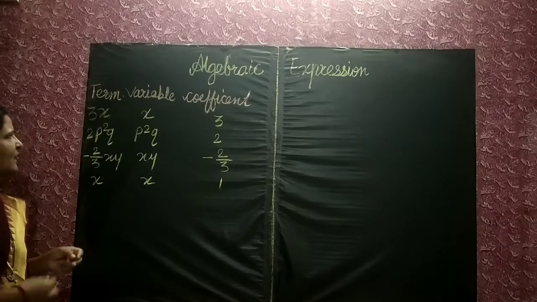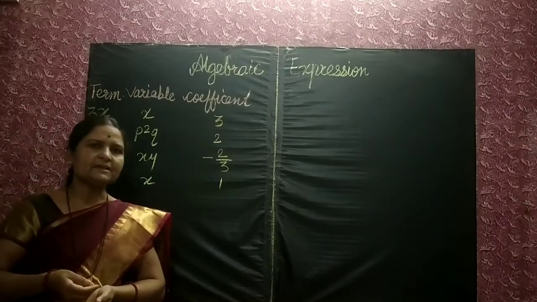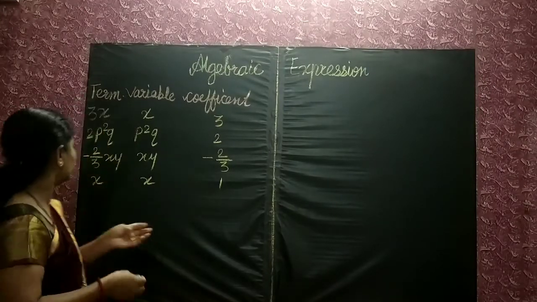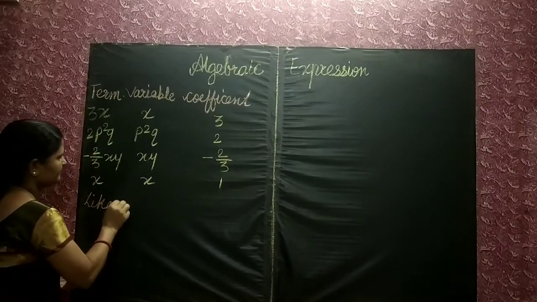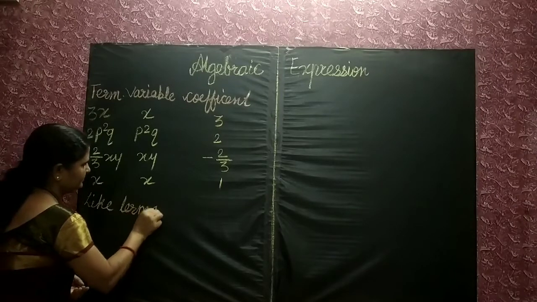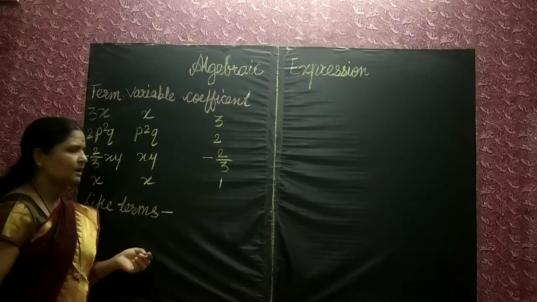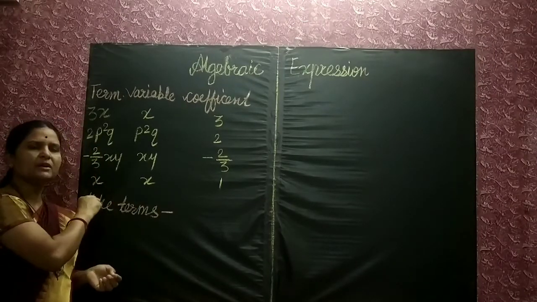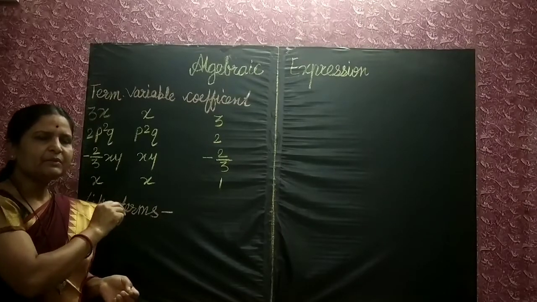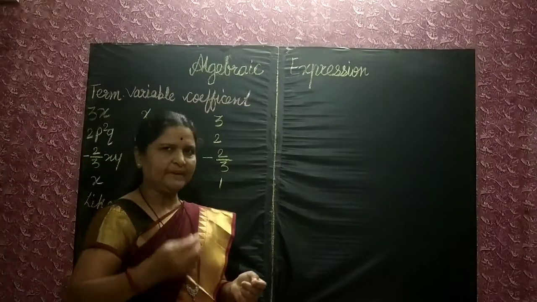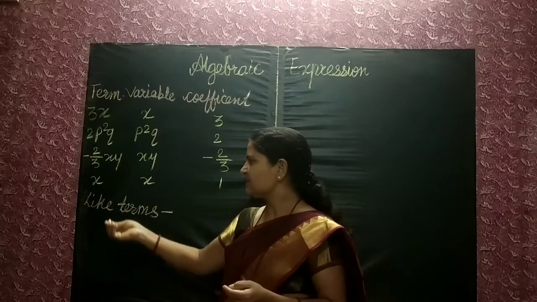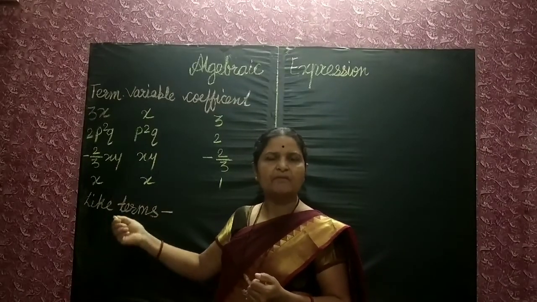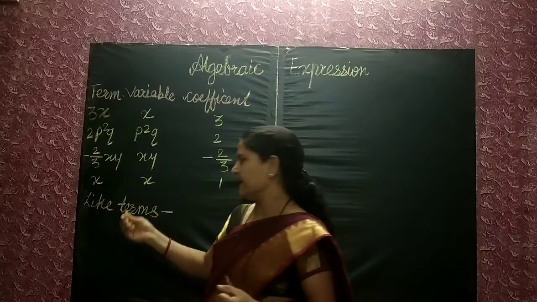Got it? Now next we'll see like terms and unlike terms. Like terms means what? Expressions which have the same variables with the same power are called like terms.